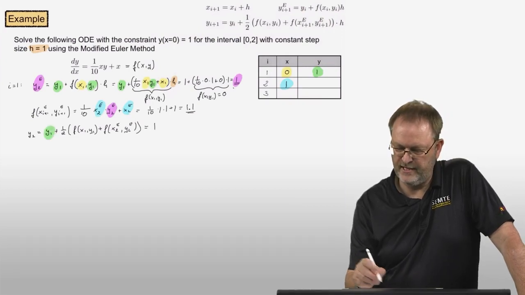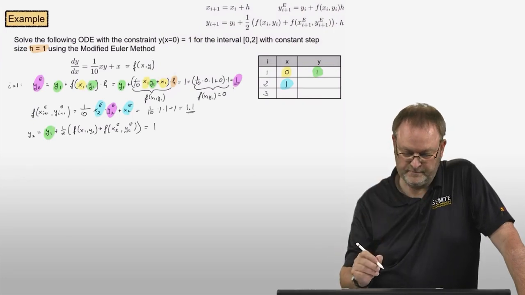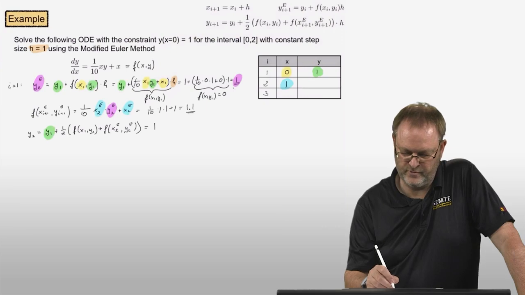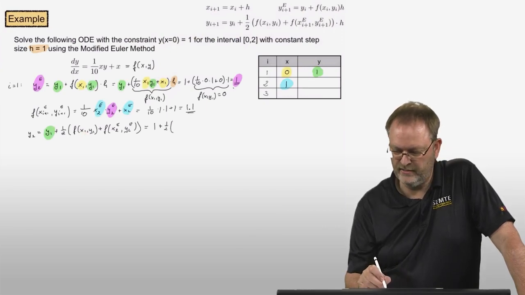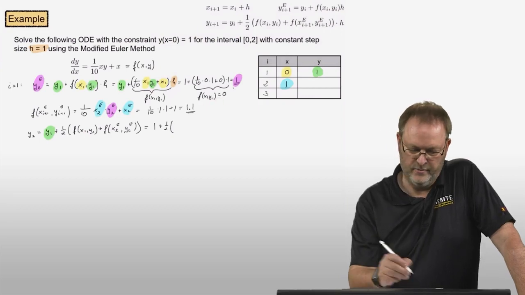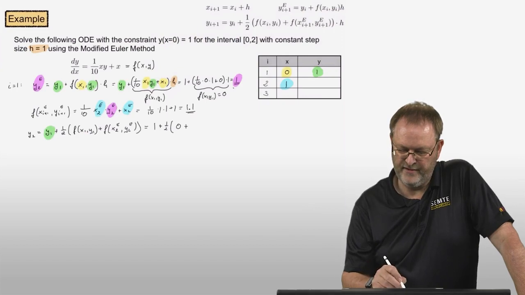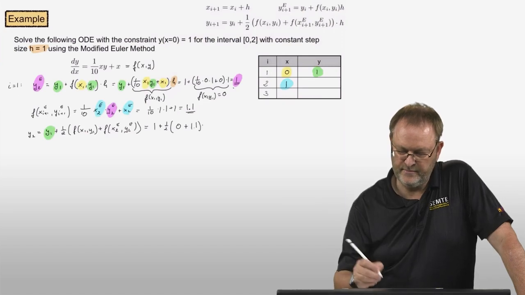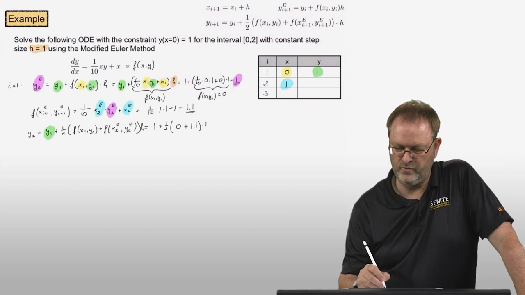Right? That's this value over here. And then I have plus 1/2 times f of x1, y1, that was this value here, which is 0, plus my f of x2 Euler, y2 Euler, that is this value, it's 1.1. And then times h, which I forgot over here. So times h, which is 1.